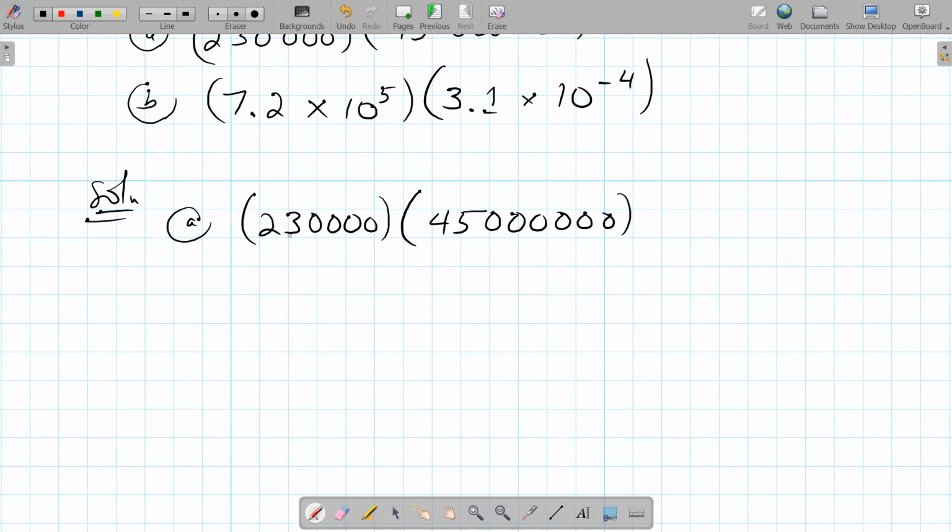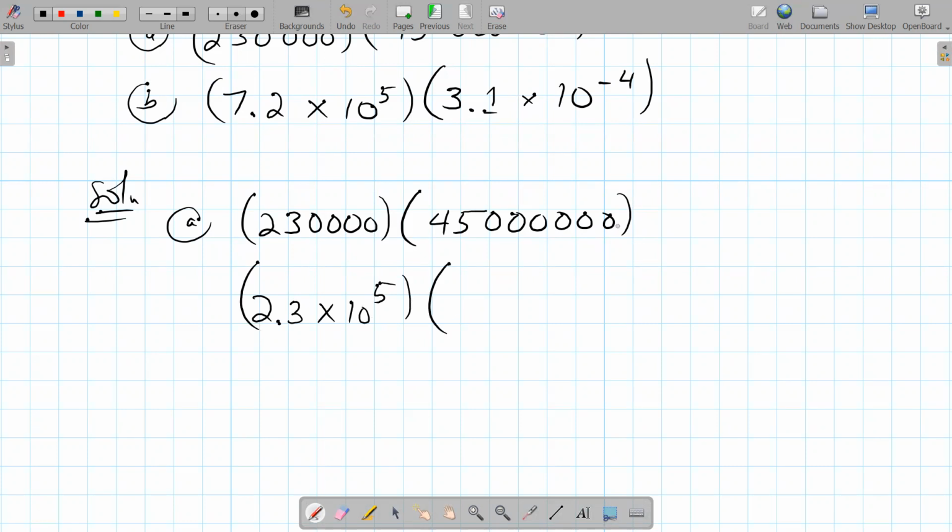So this is a very huge value, 230,000. The decimal point is right here. So I'm just going to move 1, 2, 3, 4, 5. That will give me 2.3 times 10 raised to positive 5.